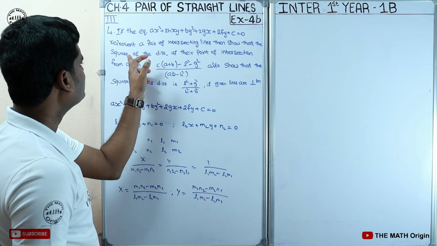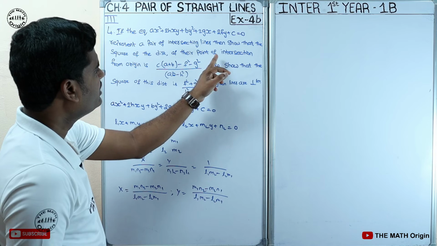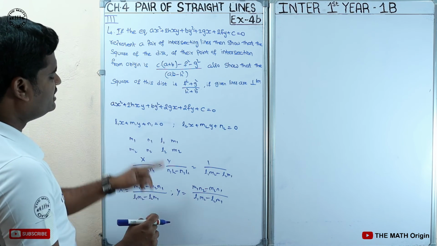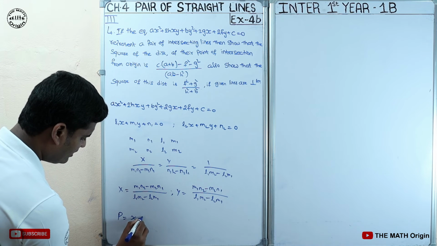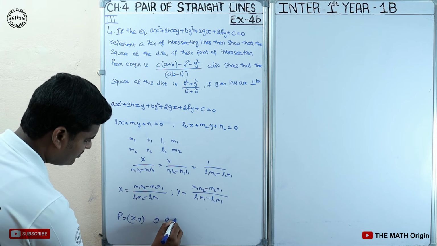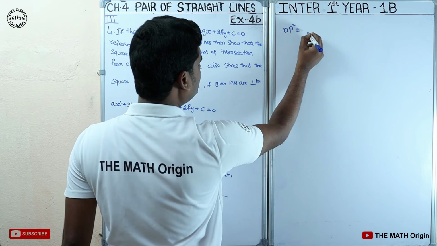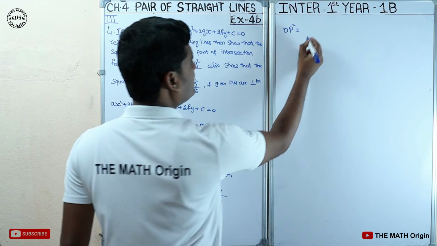Okay, now we got the point of intersection, and they mentioned the equation represents a pair of intersecting lines. Show that the square of the distance of their point of intersection from origin is, so let's take this point as x, y and origin as 0, 0. So let's take OP square, which is equals to root of this value.